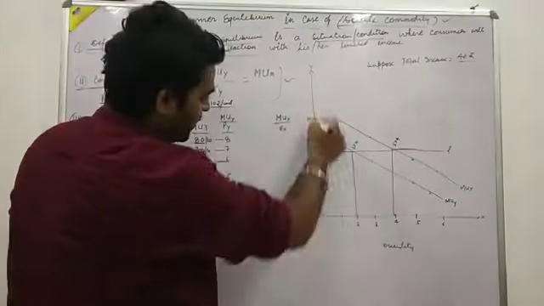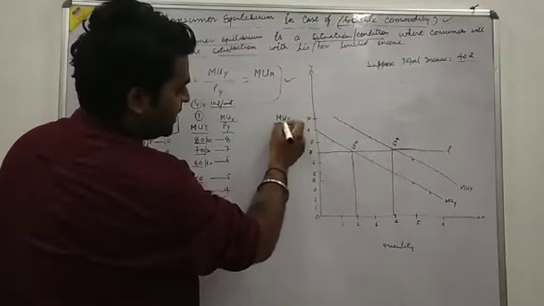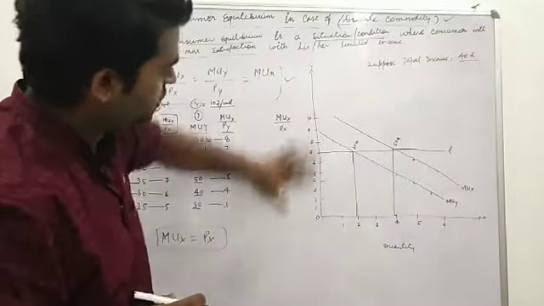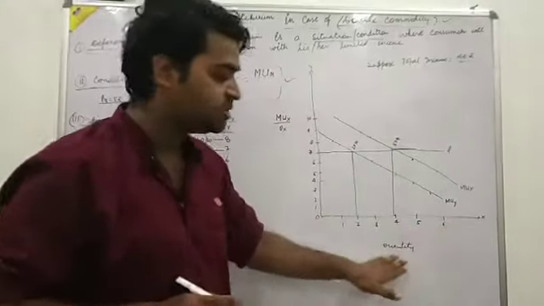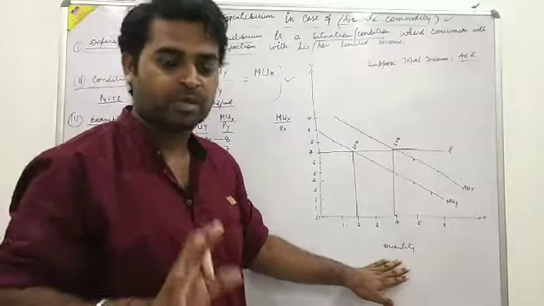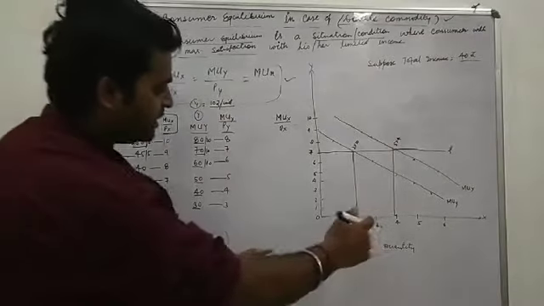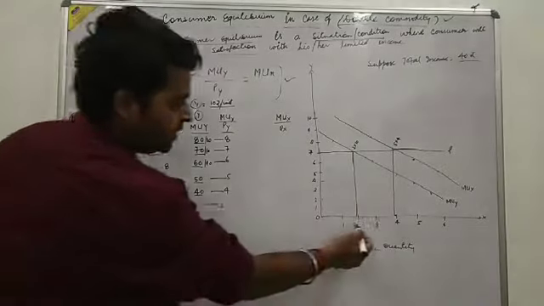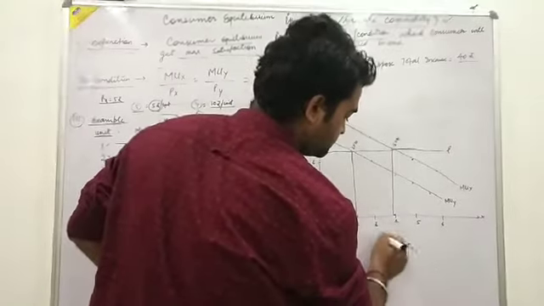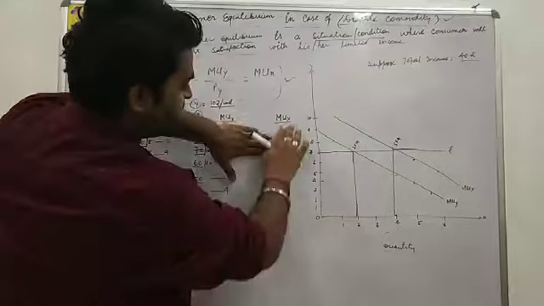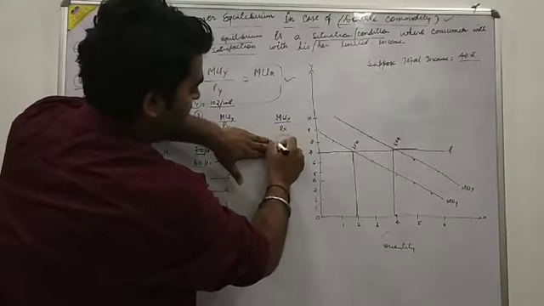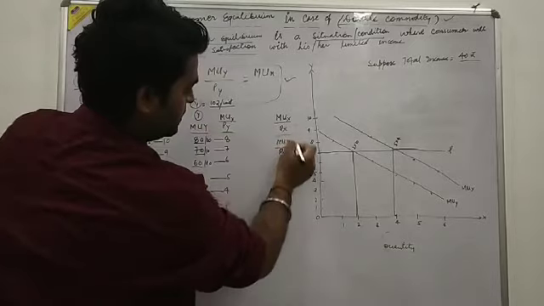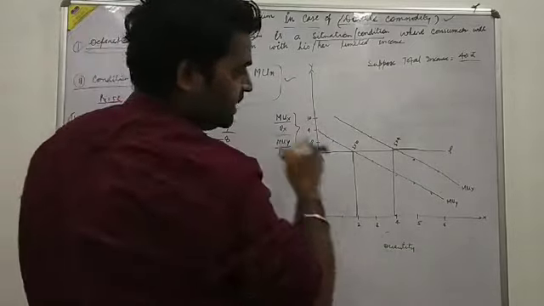On this y-axis we will plot MUX by PX and MUY by PY, and on the x-axis we will take the quantity of the commodity. So we will write 1, 2, 3, 4, 5, 6 quantity, and MUX by PX or MUY by PY both on this line.